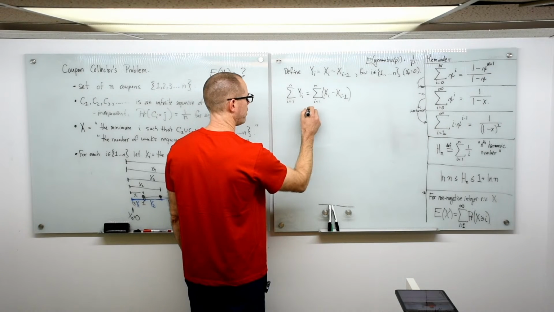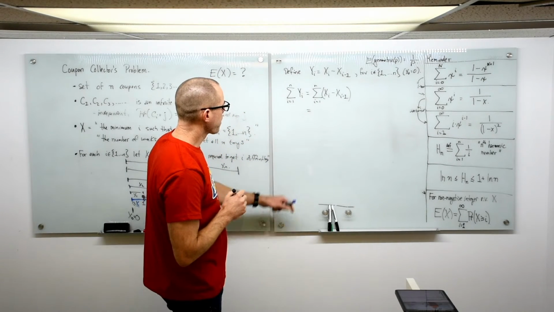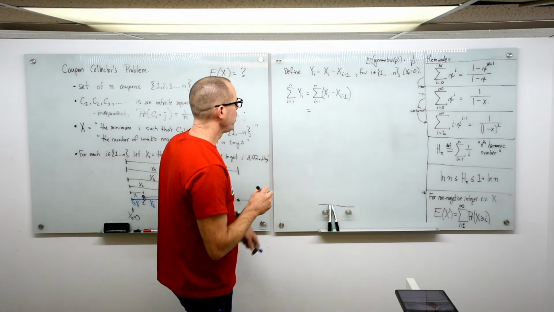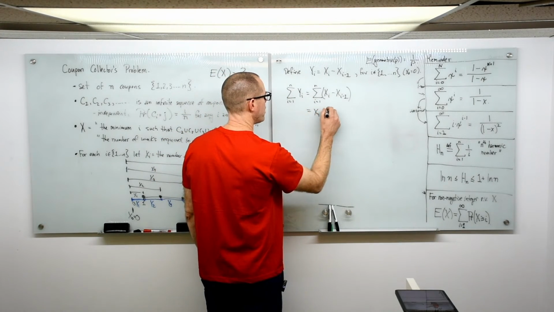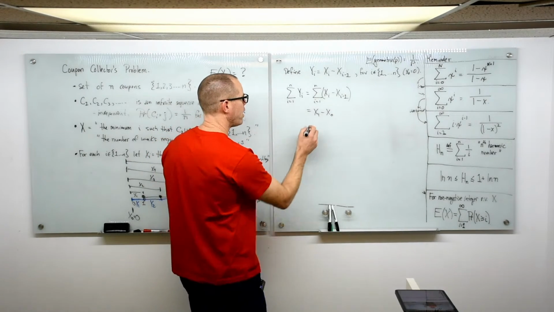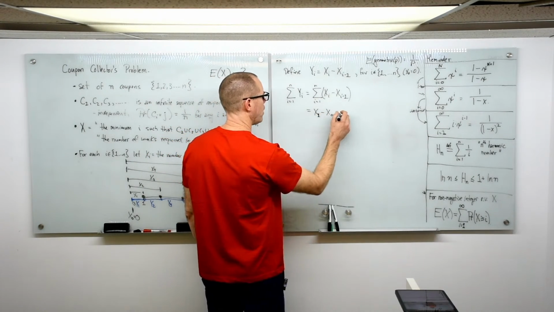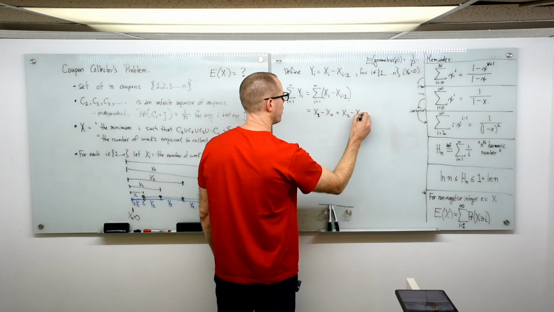And that, we can write it out longhand. The first thing in here is x1 minus x0. That's when i equals 1. The next thing in here is x2 minus x1.